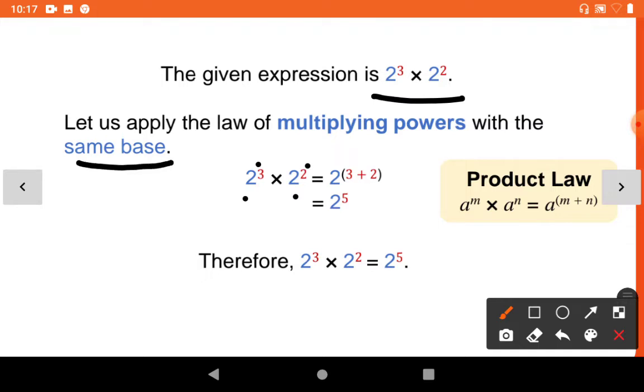When you have same base but different powers, like bases are same and powers are different and numbers are getting multiplied, then you can take a common base and you can add the powers. As it is done here, we have taken common base 2 and we have added powers. 3 plus 2 equals to 5. That means wholly we can write this as 2 raised to power 5.